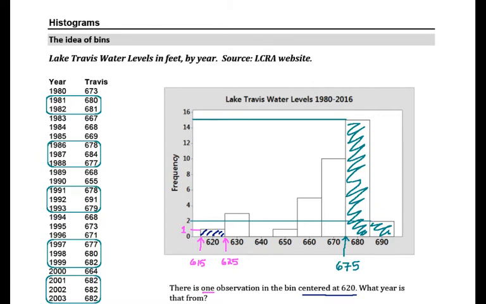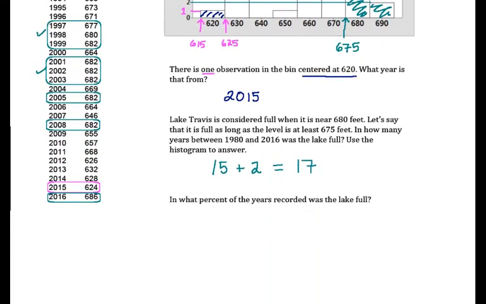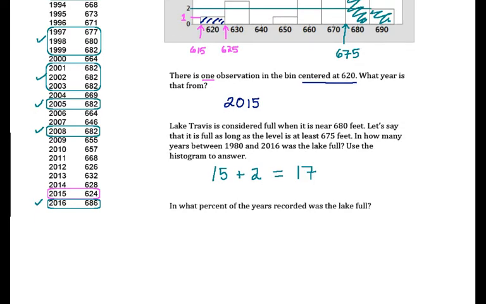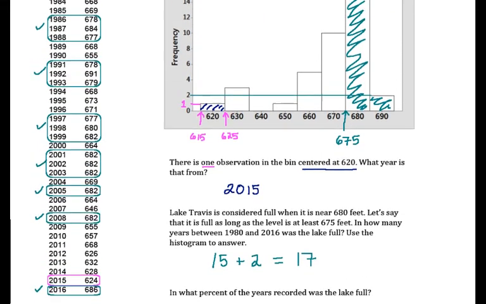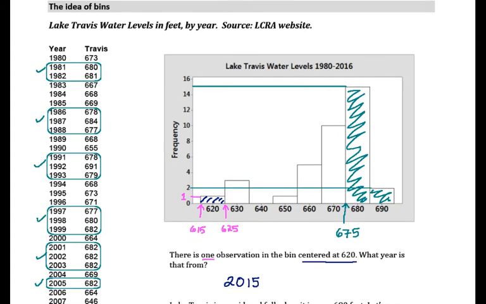We have 1, 2, 3, 4, 5, 6, 7, 8, 9, 10, 11, 12, 13, 14, 15, 16, and 17. So we can see how it is that this histogram represents this list of quantitative data, where the quantitative data is really just one variable here, the Lake Travis water levels. We're not also including the years in this graph.